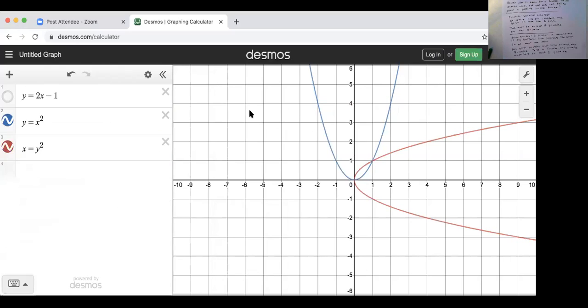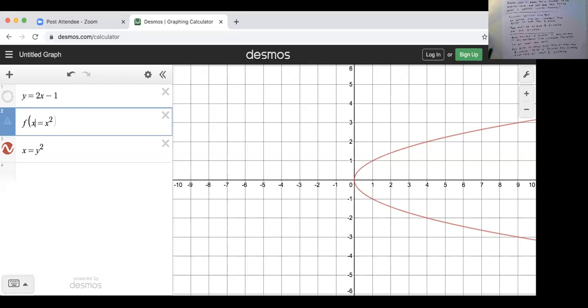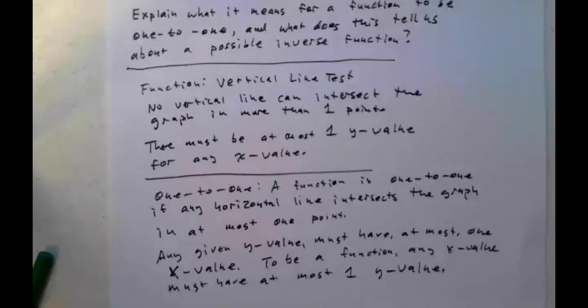So blue is y equals x squared. Red is x equals y squared, which would be the inverse. And you'll notice that is not a function. If x becomes y and y becomes x, this fails the vertical line test, so this is not a function. So the original f of x equals x squared does not have an inverse because it is not 1 to 1.